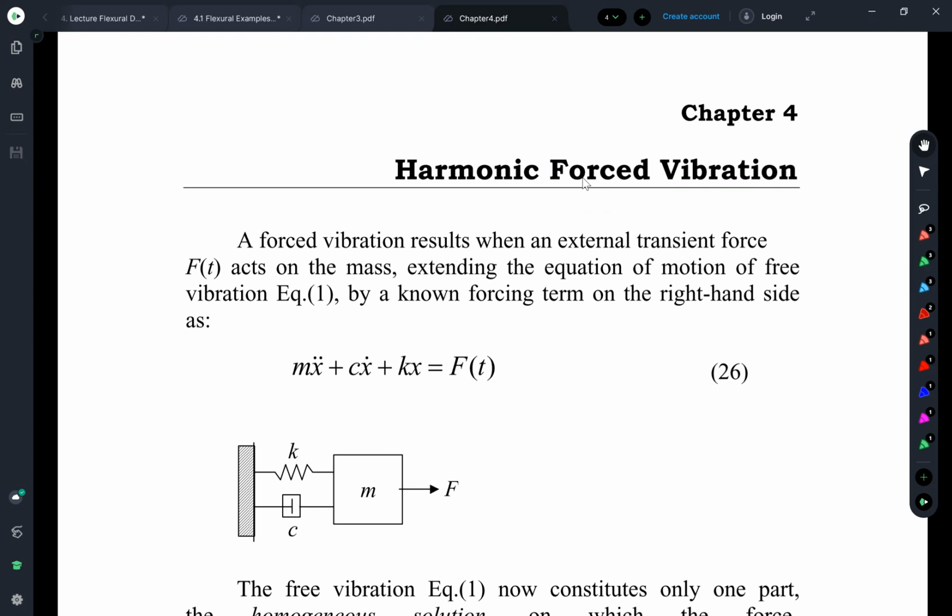That is called a homogeneous system. And the solution of the free vibrations, mathematically, we call the homogeneous solution. We have learned that before.